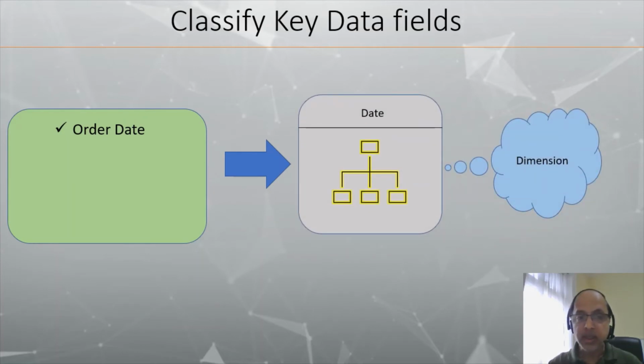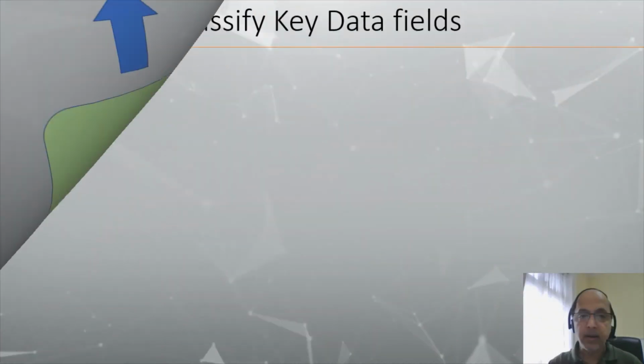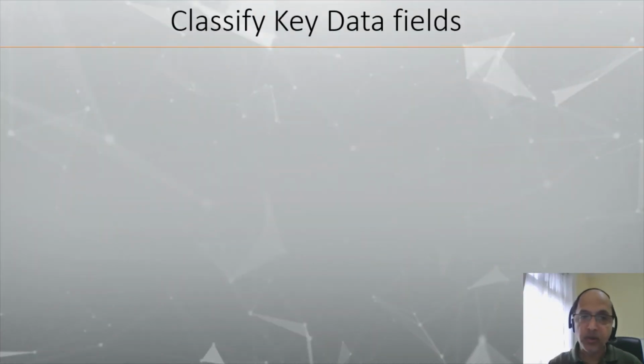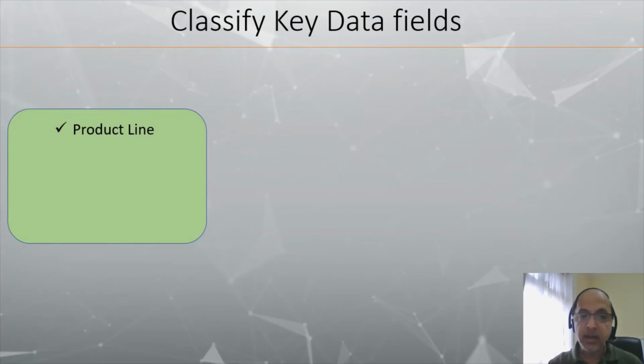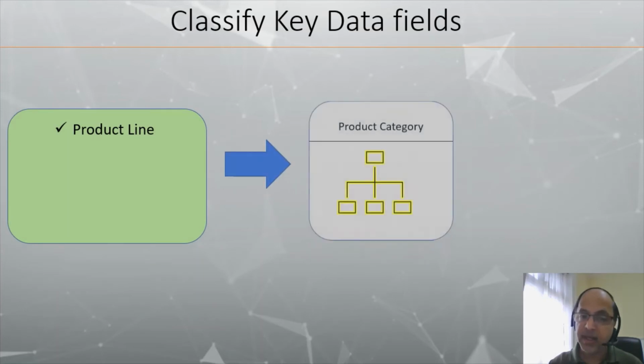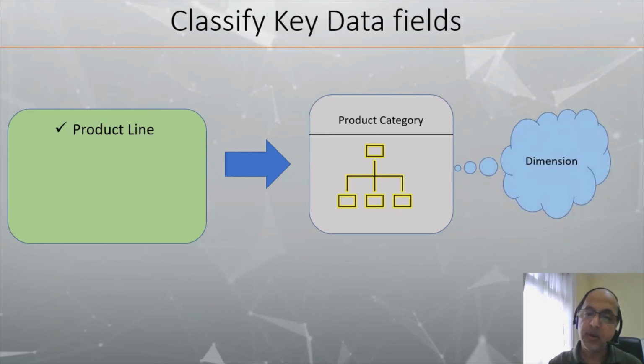Let's look at other fields also. Product line. So this can be classified as a product category dimension.